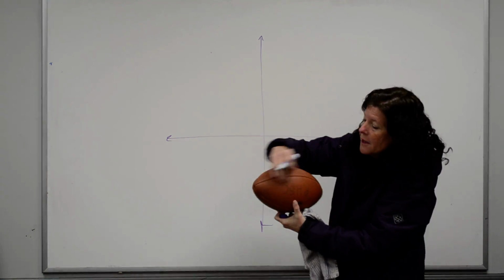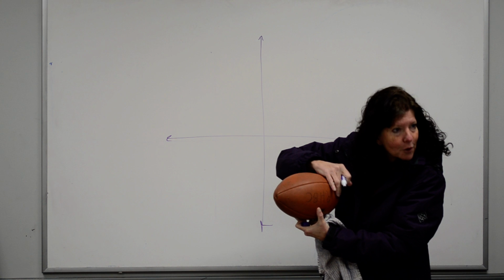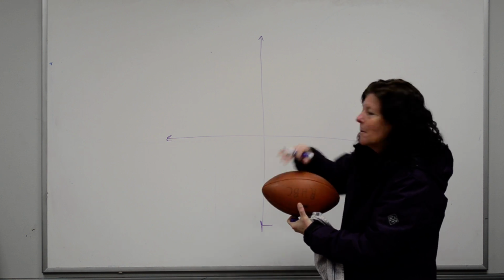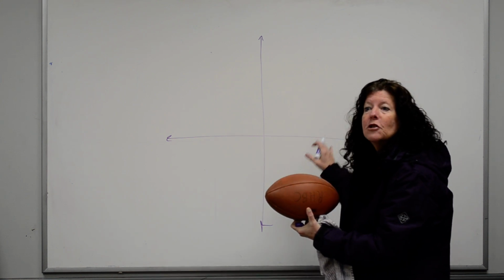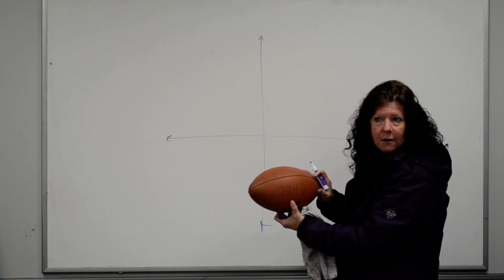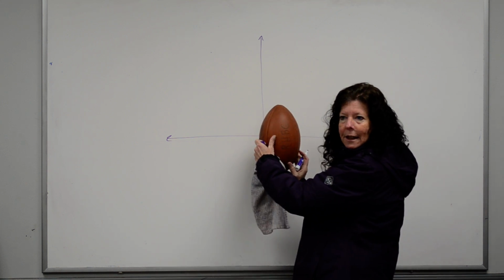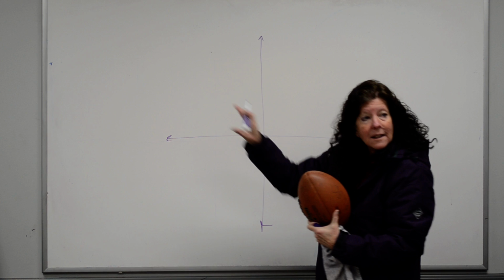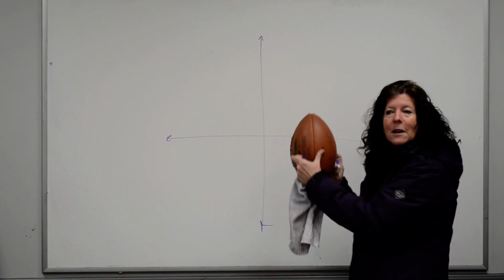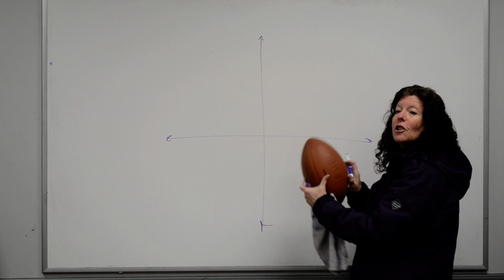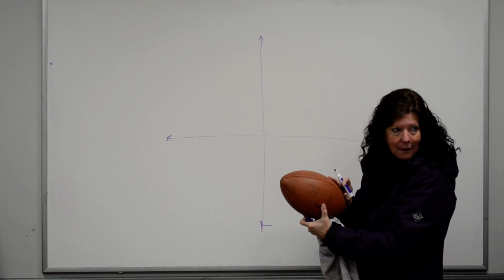So the longer side of your football, or the longer side of the ellipse, is horizontal. That means your major axis is horizontal. If I turn it like this, then you're at the right side of your page, where your major axis is vertical, because the longer side goes up and down.